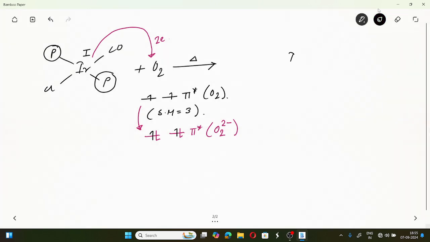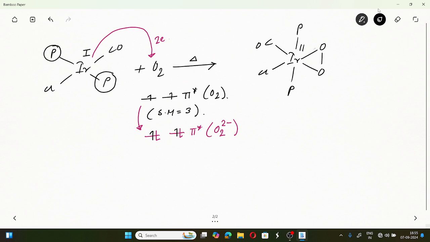That means the peroxide moiety, when the oxygen comes closer, the two triphenylphosphines occupy trans positions, and this oxygen molecule, behaving as peroxide, forms a three-membered chelate.